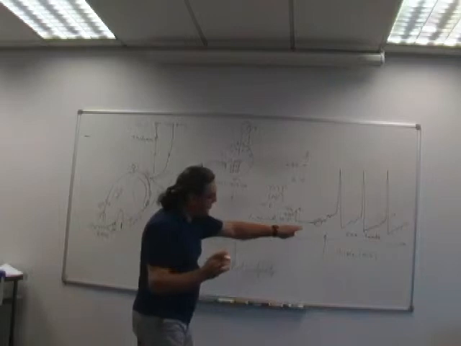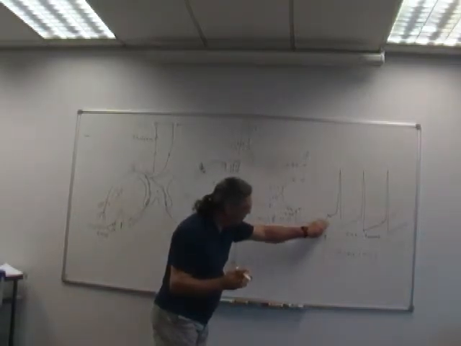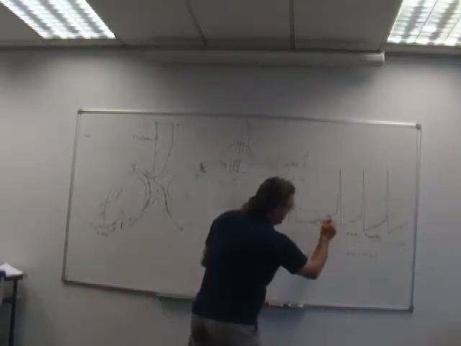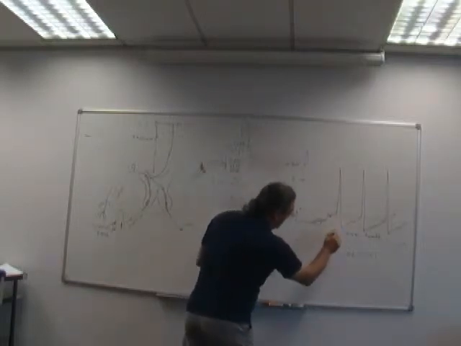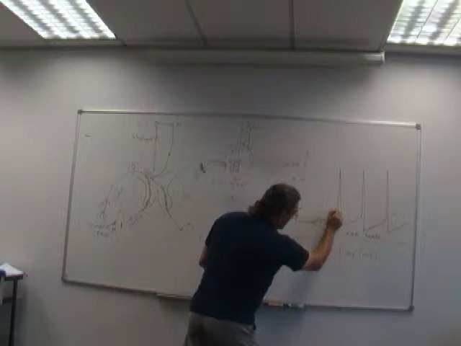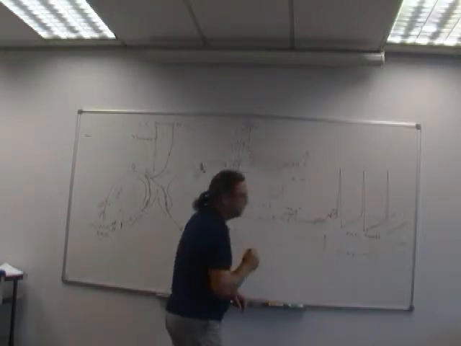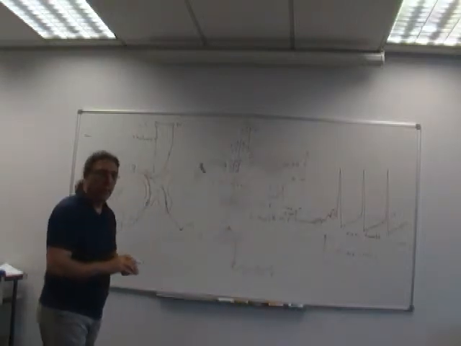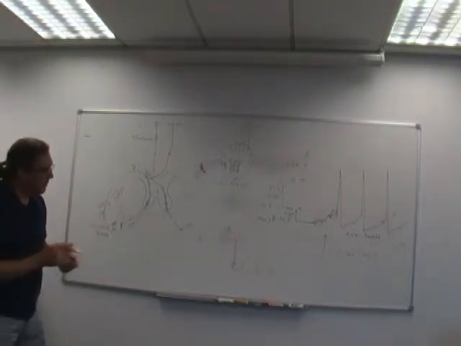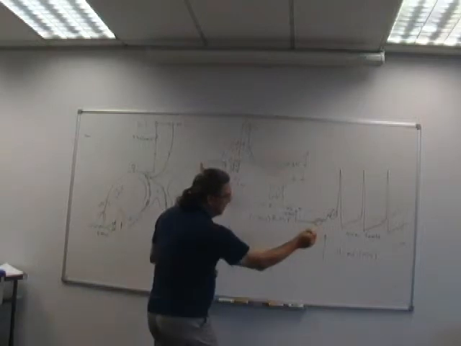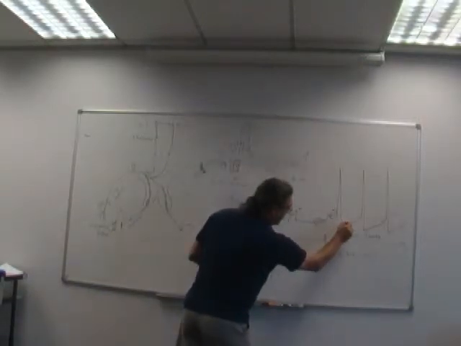And if our stimulus is always that size, it can only affect this action potential when it is given in this kind of region, very close to the about-to-fire level. If it's given during this period, it will do nothing.